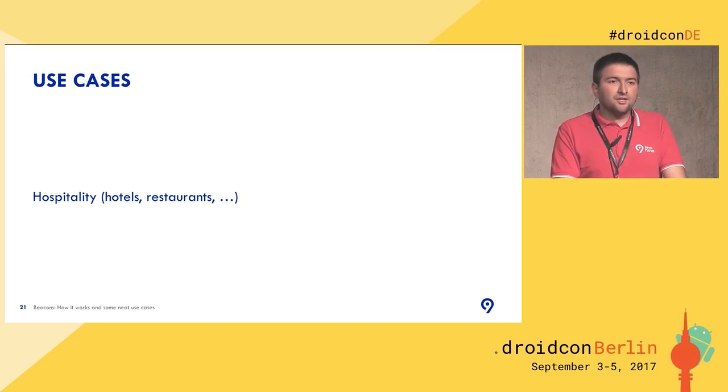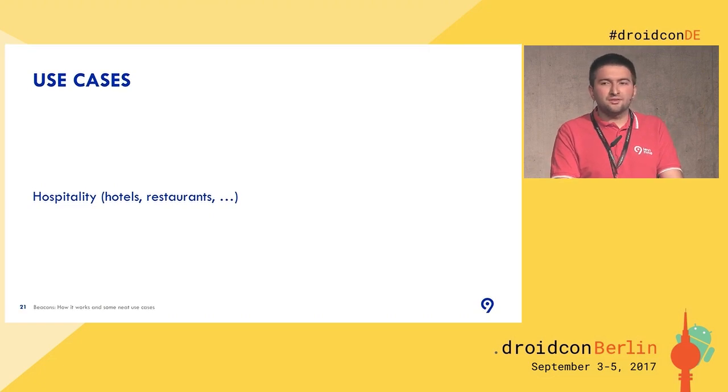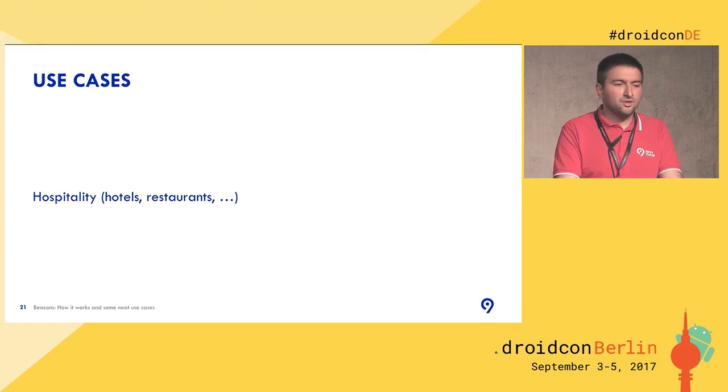For restaurants, one interesting case is ordering food. If you put a beacon on each table, you could make an app to order the food. You just go into a restaurant, sit at the table, and open the app, which knows at which table you are.